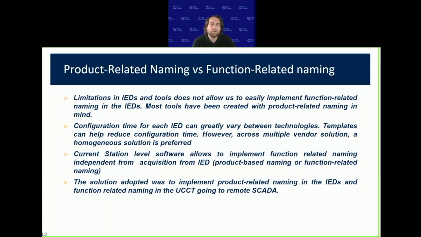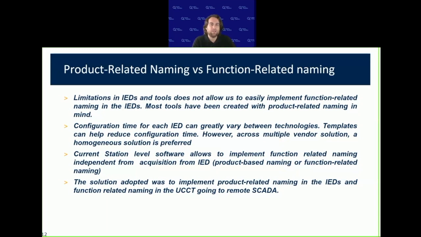So this software allows us to implement the function-related naming despite what is configured on the IED side, meaning that we can have product-related naming inside the IEDs and function-related naming going outside, between the station and remote level.